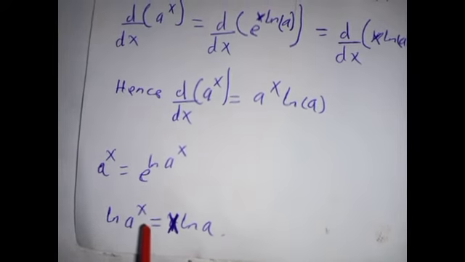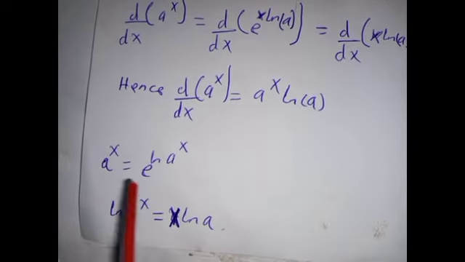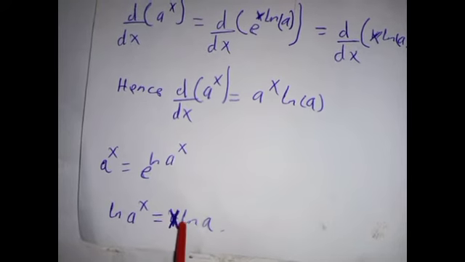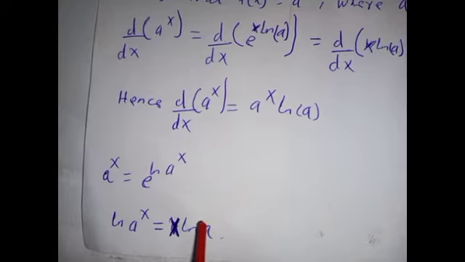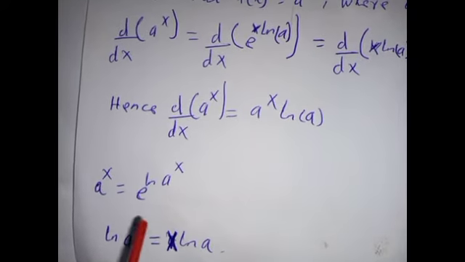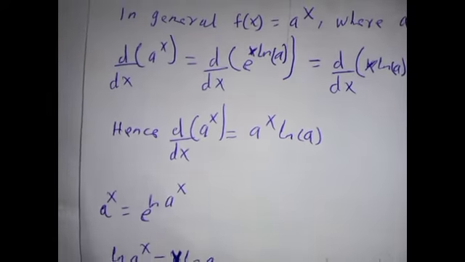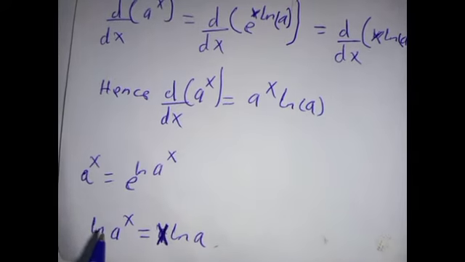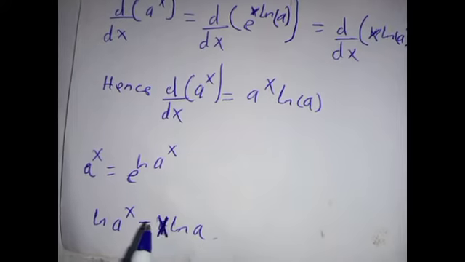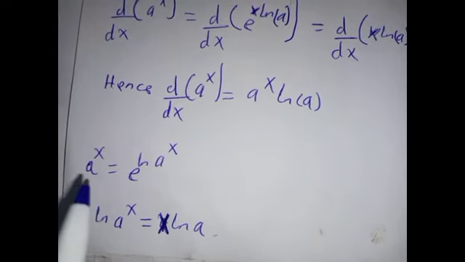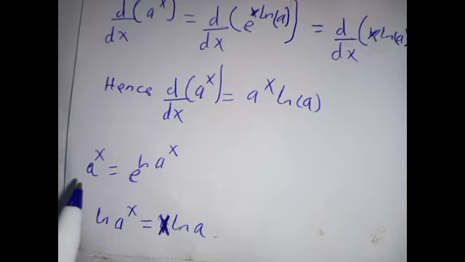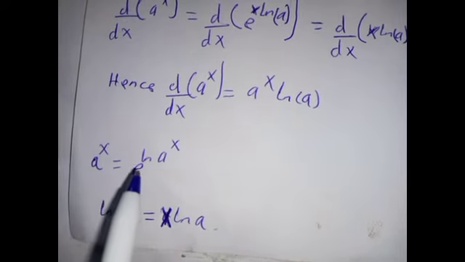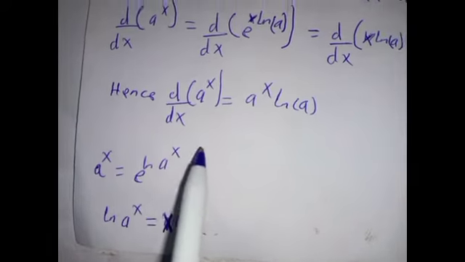Also, the logarithm of a number raised to a power, that index can be put in front of the logarithm using the laws of logarithm. That is what we are applying here. So natural logarithm of a^x can be written as x multiplied by natural logarithm of a, and a^x can be written as e^(ln a^x).